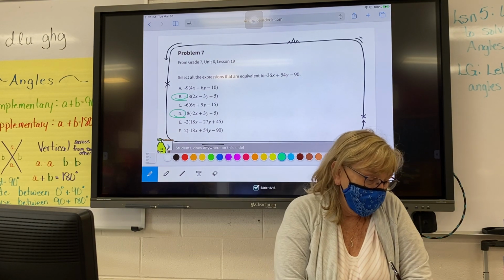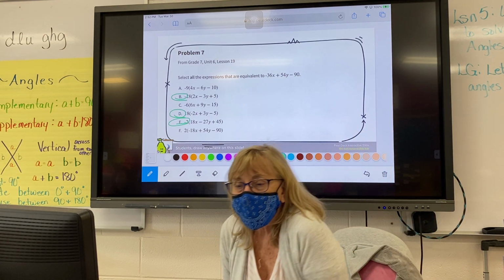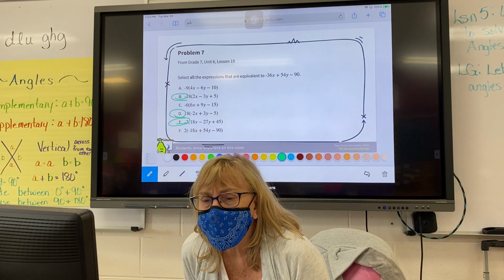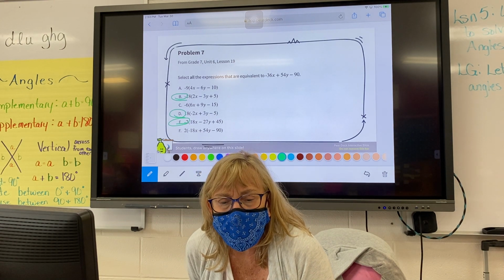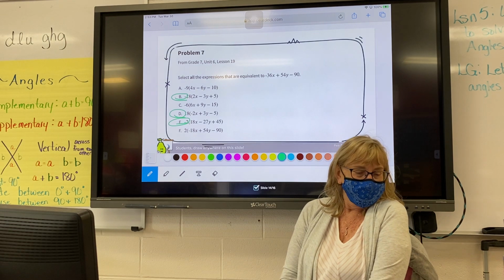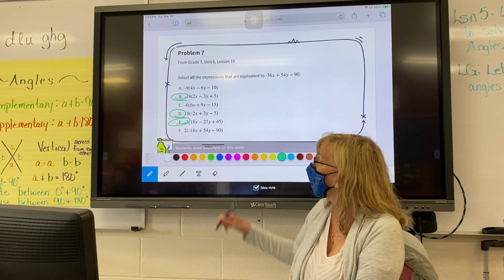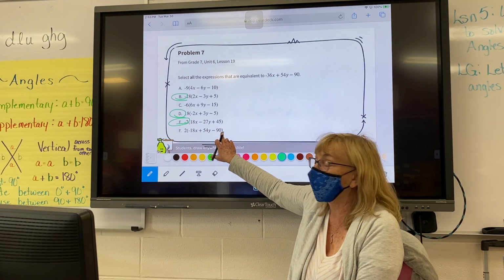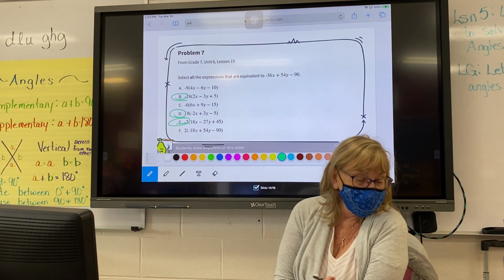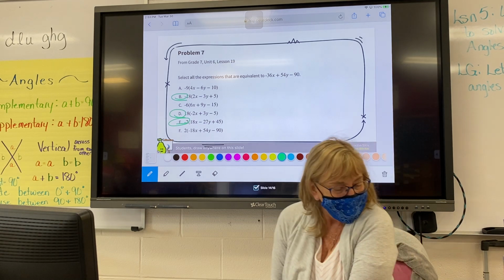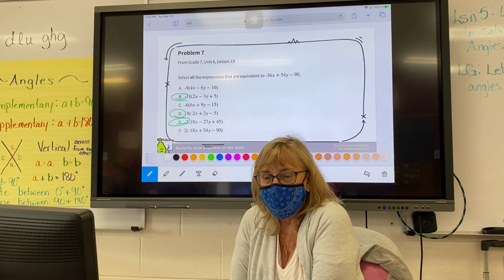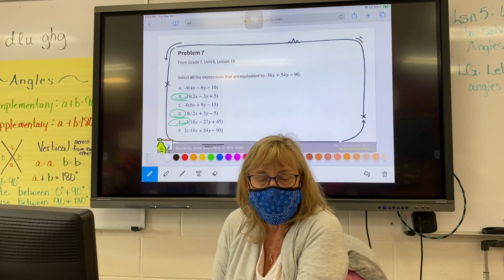So good. Doesn't look like anybody picked F. What did they do wrong with F? 54 is already there. We already got 54 and 90, and we're trying to multiply by 2, and that's all over the place wrong. So B, D, and E work. Good job. Excellent.